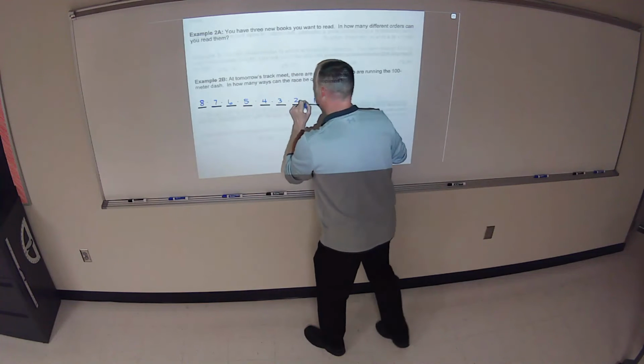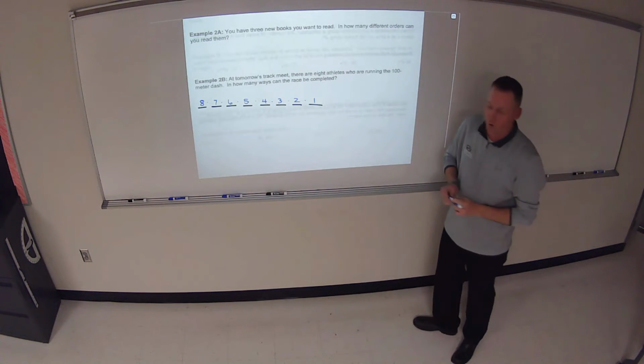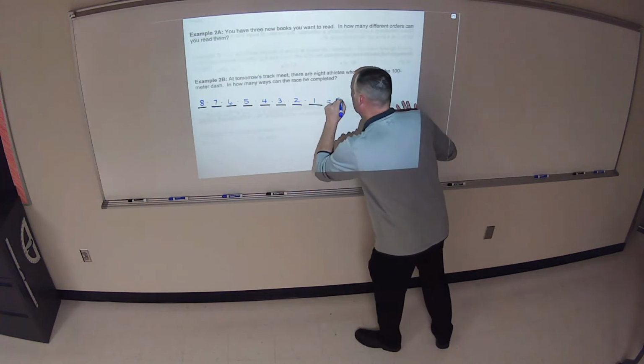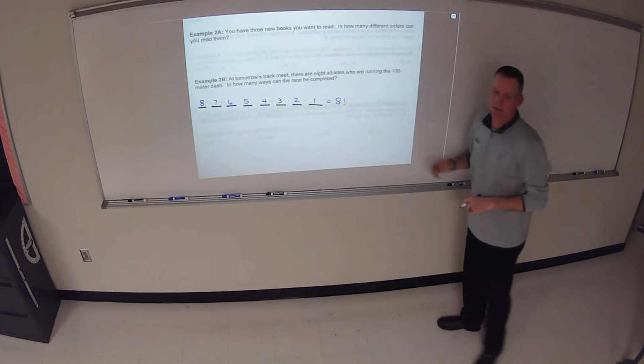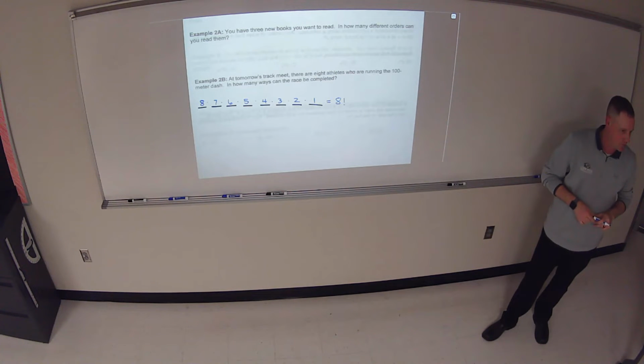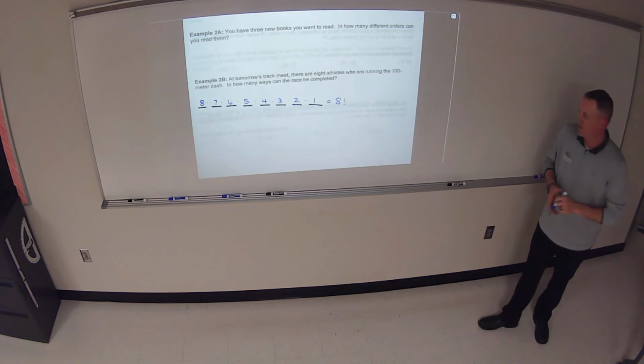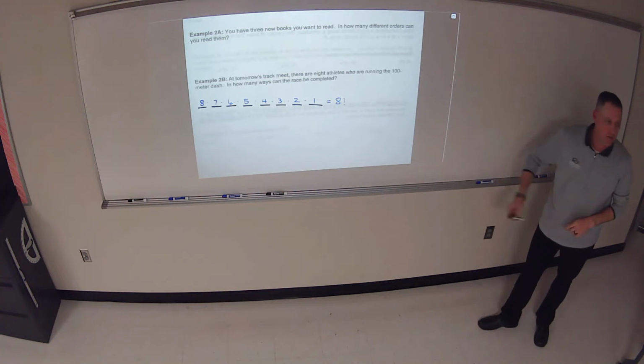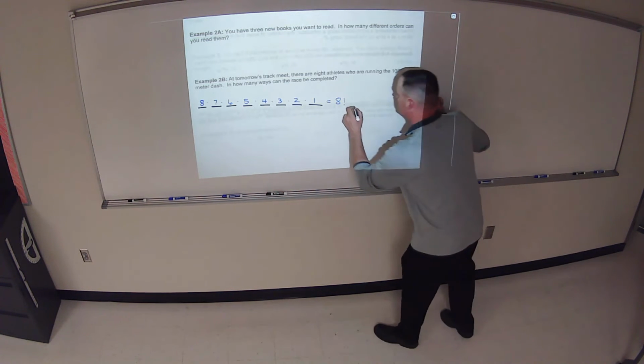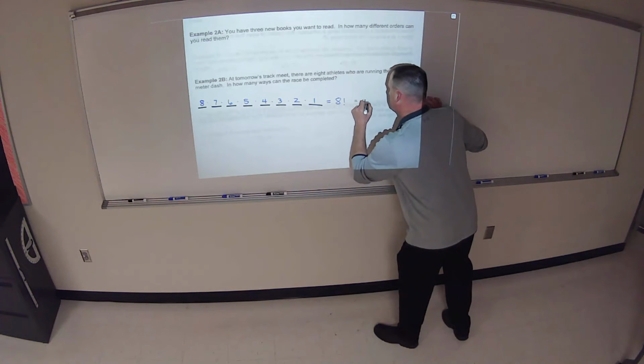I can multiply those all together. Or, the product of this is the same as taking 8 factorial. And if we take 8 factorial, then we end up with what? 40,320.